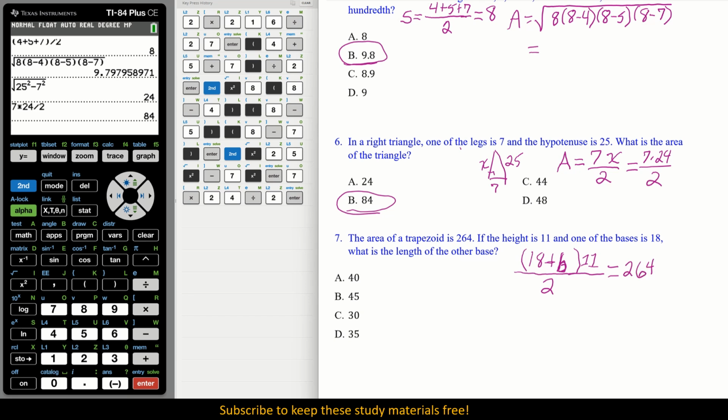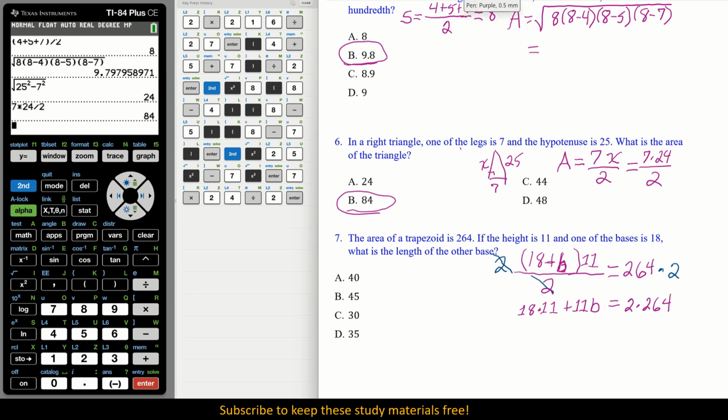Okay. So what do we do? We divide by 2 on both sides, and this is canceled. So then we have 18 times the 11 plus 11b equals 2 times 264.